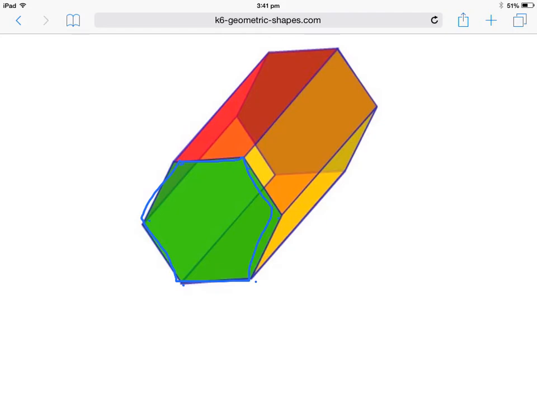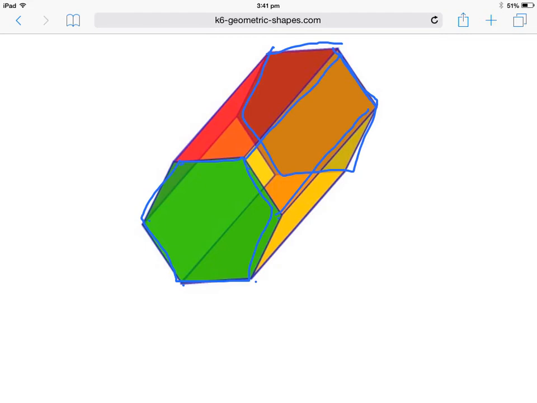Then I look at the sides, and they are joined by rectangles, and there at the back, parallel, is another hexagon face. Wonder what it is called. It has 2 hexagon bases and 6 rectangular sides.